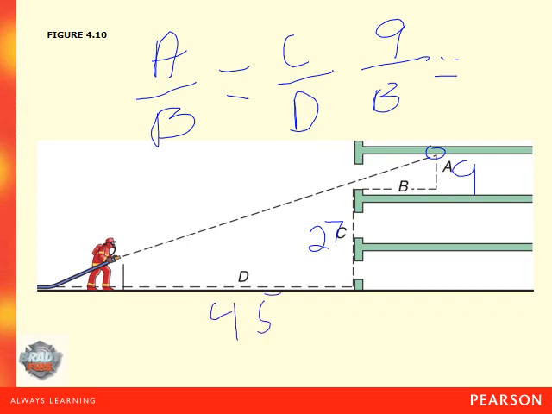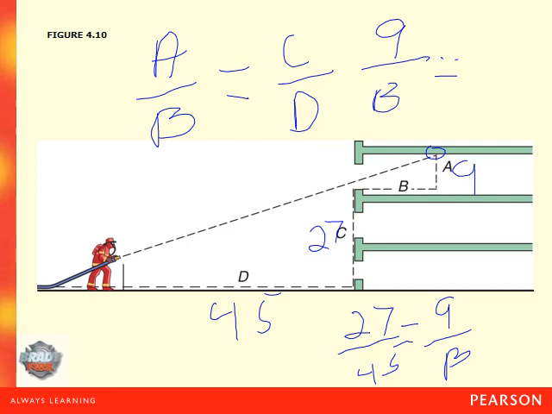So let's plug in our numbers. All right, so C is 27 over 45, and that equals 9 over B, which is our X unknown, so we're just going to do cross multiplication.